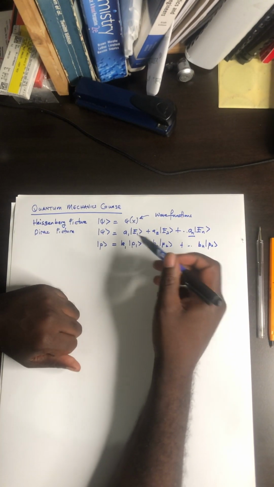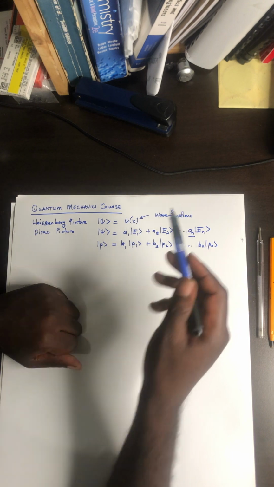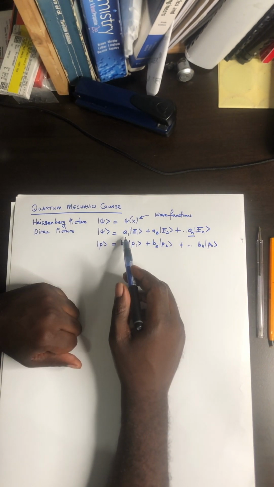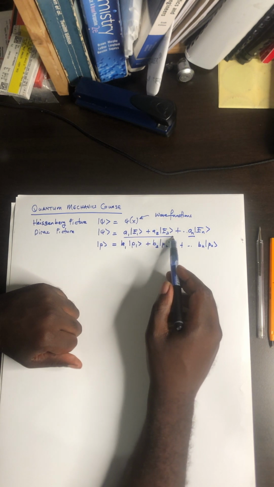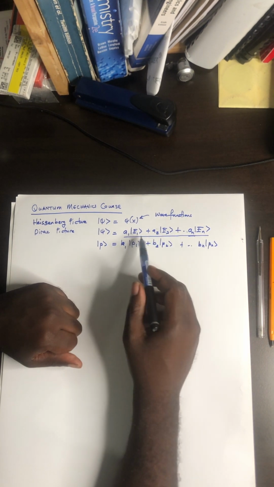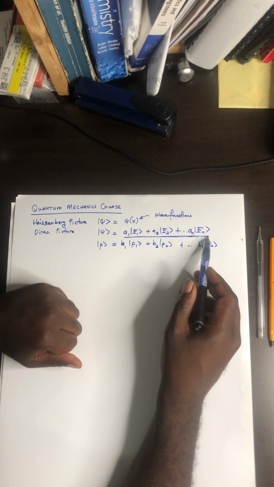So in the Dirac picture, it's not really important how we represent it; we don't really choose a particular way of writing our wave functions.